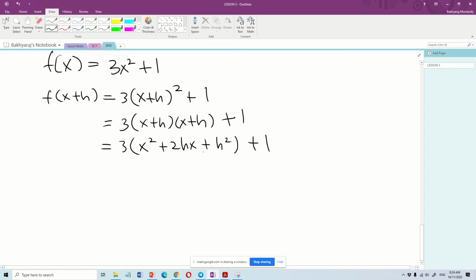Ini kita dah dapat tadi dah. I just recall from the previous question lah. Just get it from the previous question. So when I expand, I get 3x square plus 6hx plus 3h square plus 1. This is what we need to get.